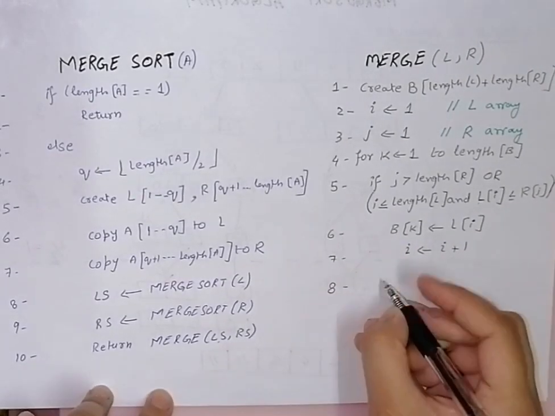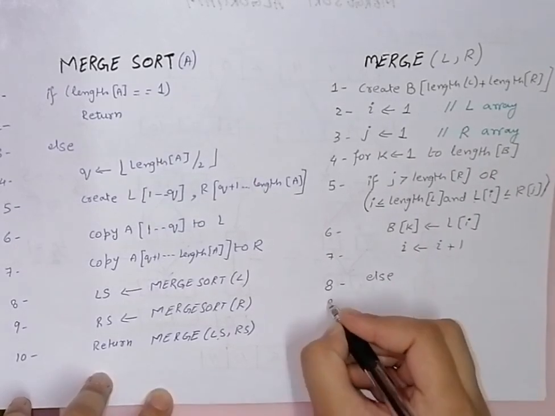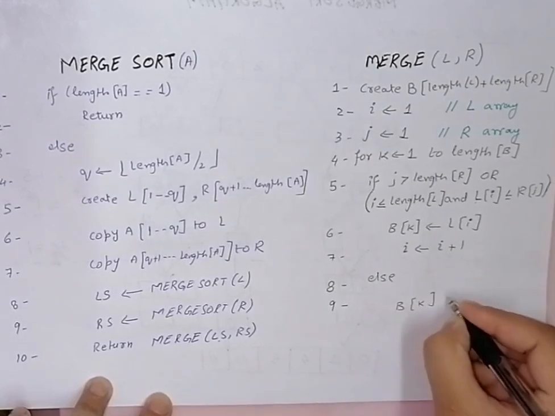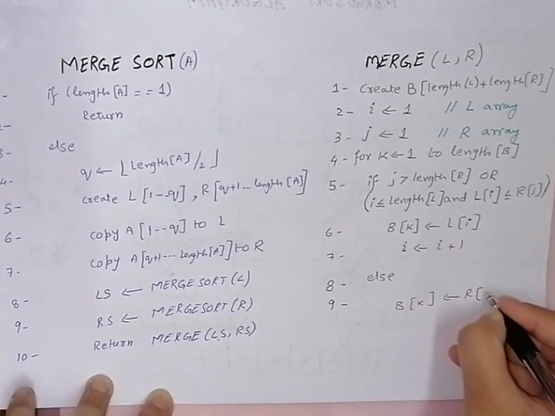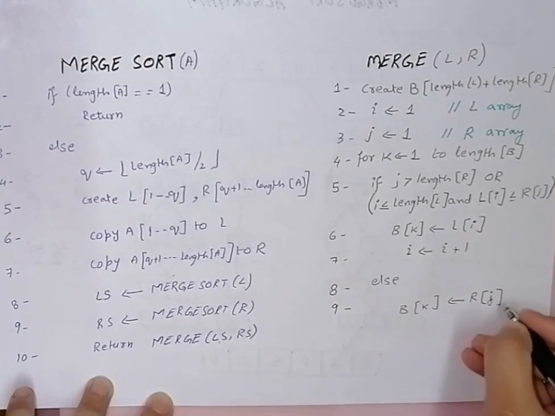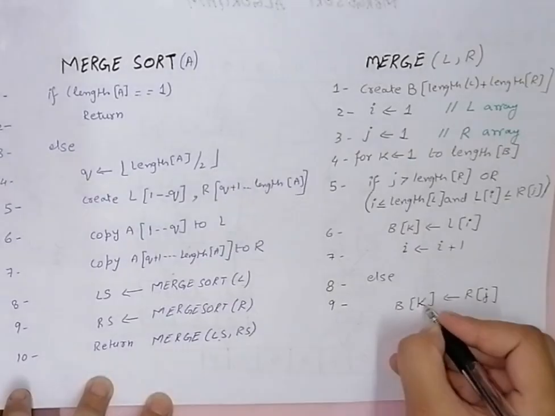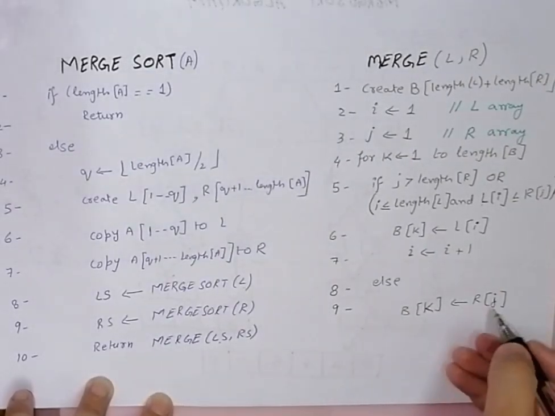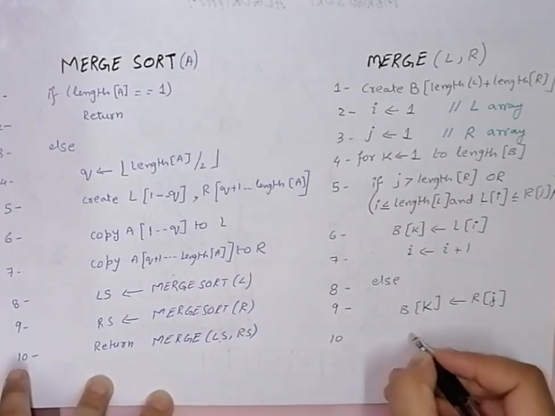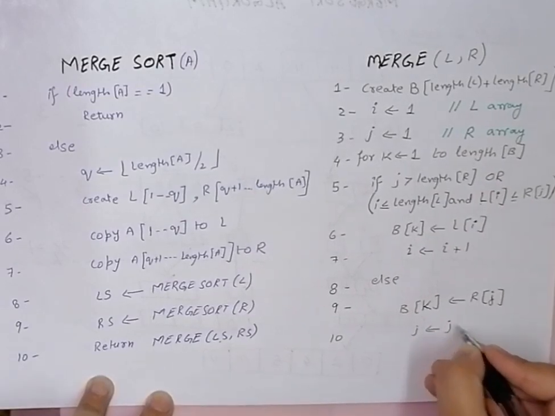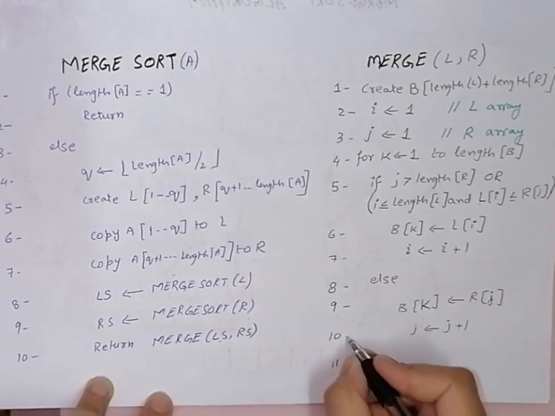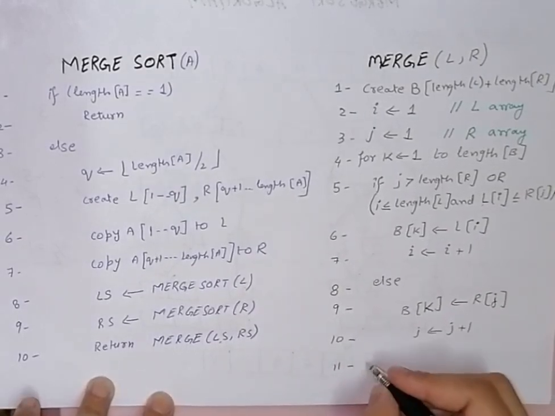Then in the next line we will write an else statement, and in the else statement the code would be B of K should be assigned the value of the right array, and the counter dealing with the right array is J. And in the next step I need to move this J to the next index so that the next iterations can be performed easily. And the last step would be to return this array B.